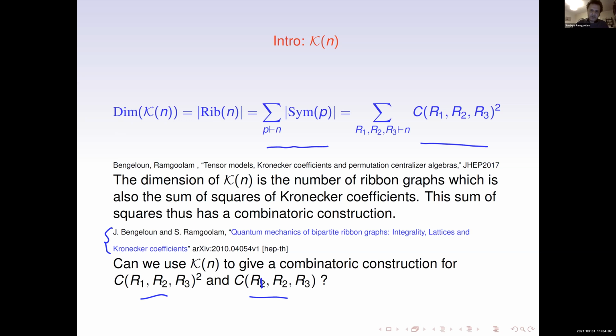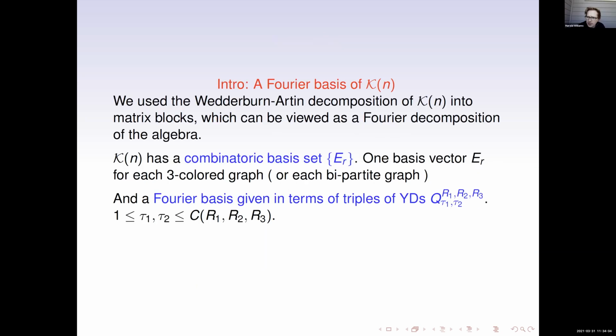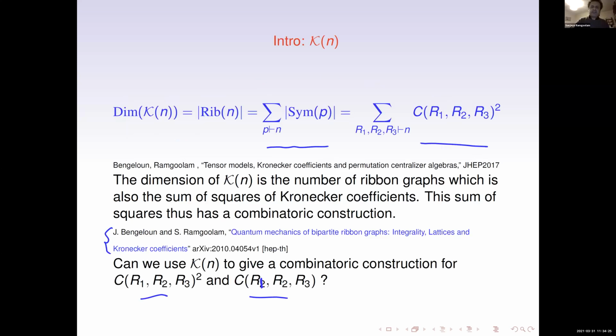Sorry, R1, R2, R3. Can I just ask a kind of minor question? In that bijection between permutation pairs up to conjugacy and bipartite ribbon graphs, was there a labeling on the vertices of the graph, or somehow that labeling gets washed out? Somehow the labeling essentially comes, once you know the permutation pair, that's enough.